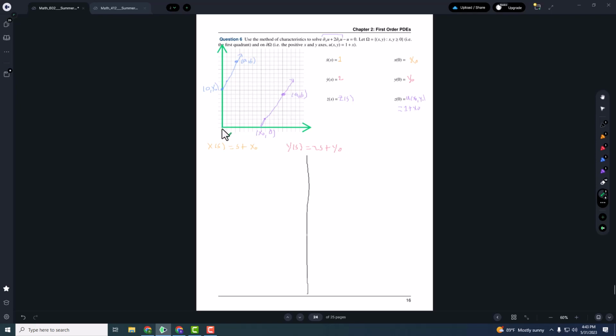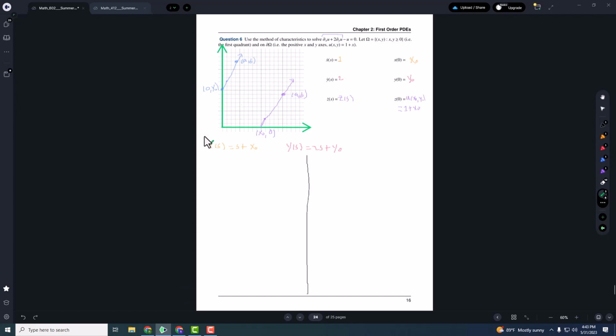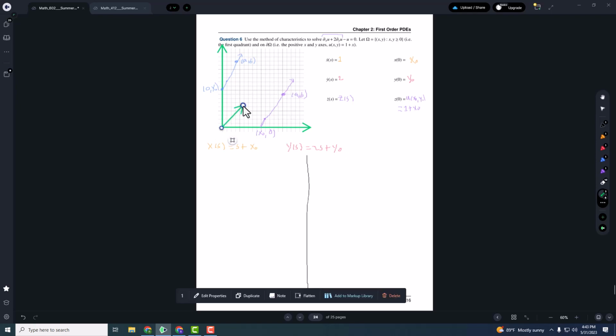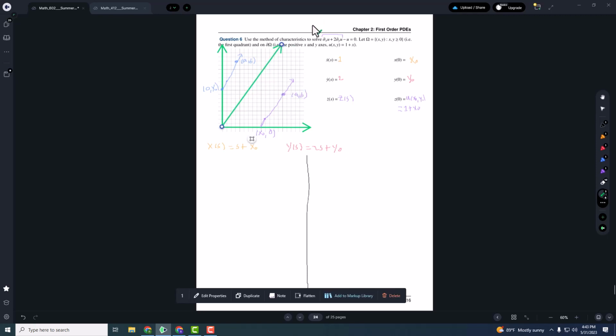So it's basically going to be something like this. Okay, so this is the dividing line.